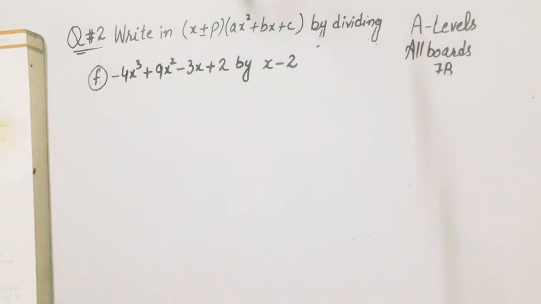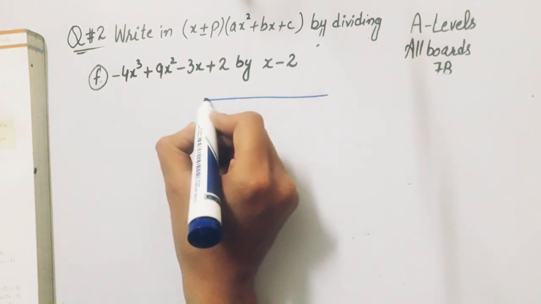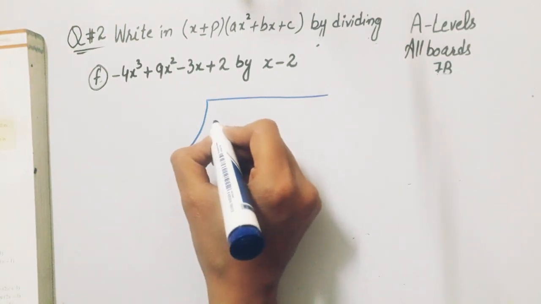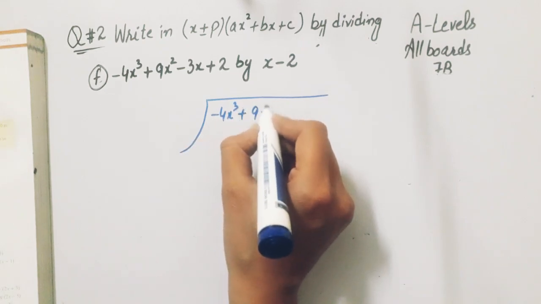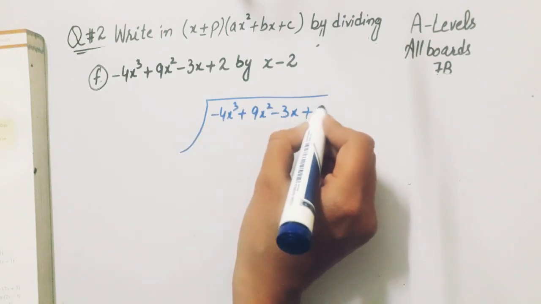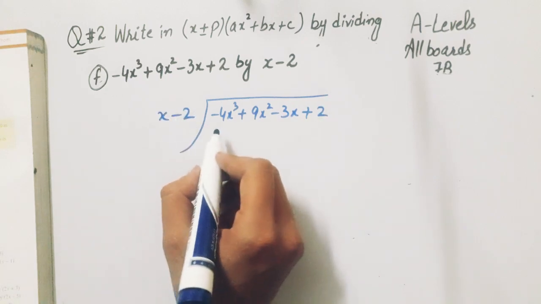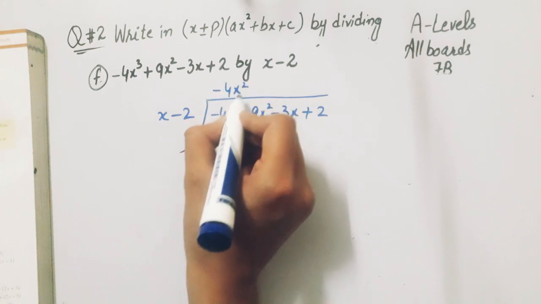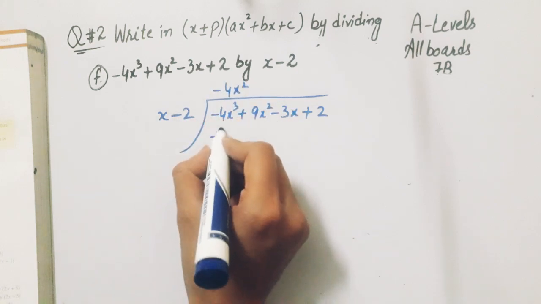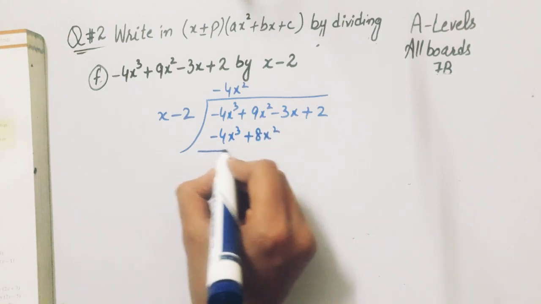So write this as minus 4x cube plus 9x square minus 3x plus 2. Divide this by x minus 2. To make minus 4x cube, we will multiply x by minus 4x square. So it will become minus 4x cube plus 8x square.